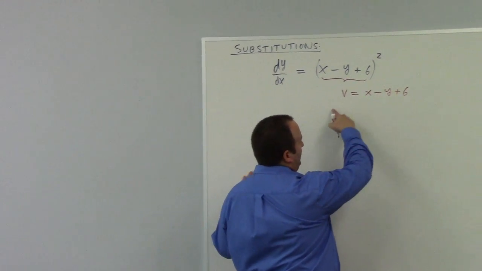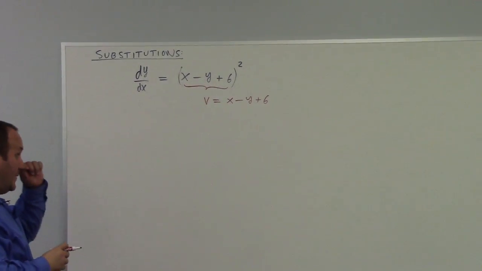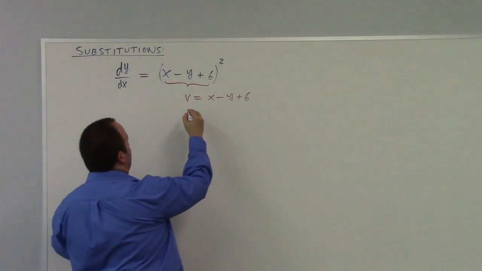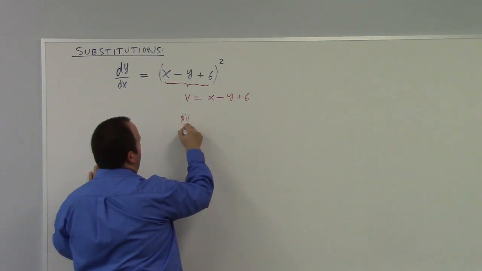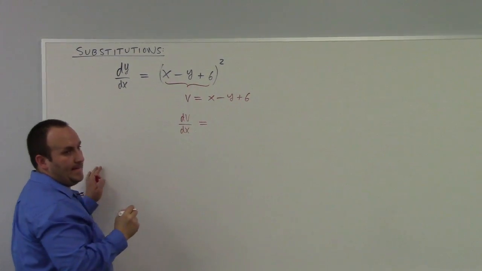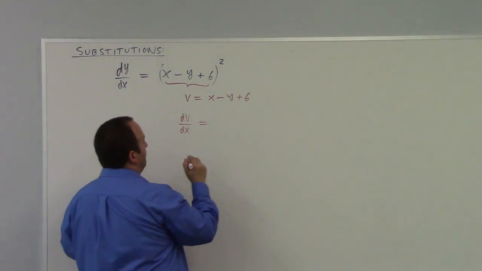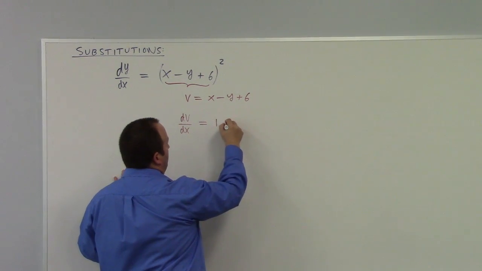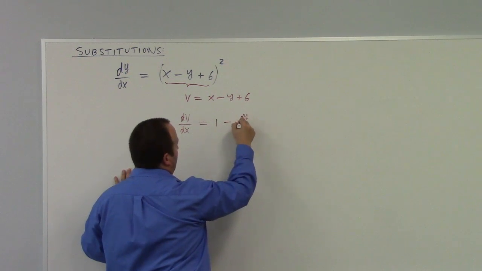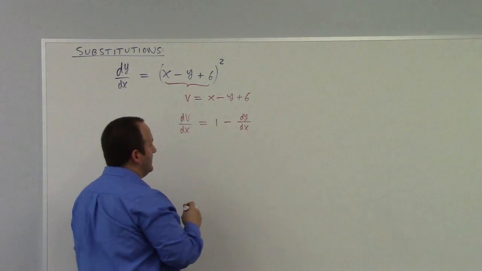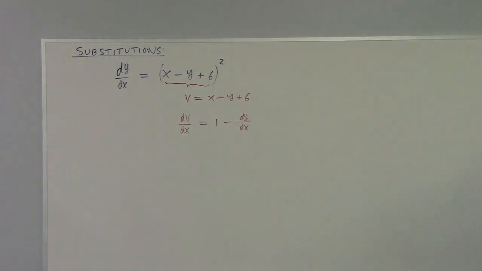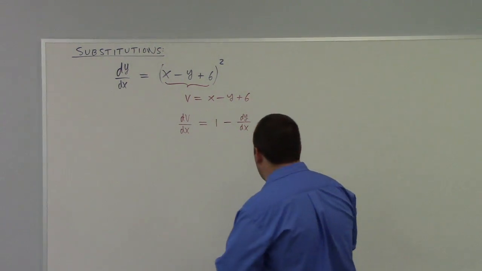All right, so this is my substitute, my new variable. And check it out. So what's dv/dx equal to? 1, right? Plus dy/dx. So what does this tell us then? Put this all together, make the substitution.